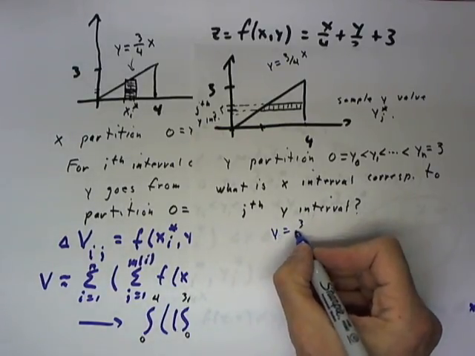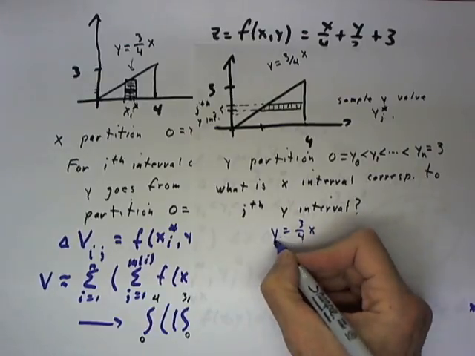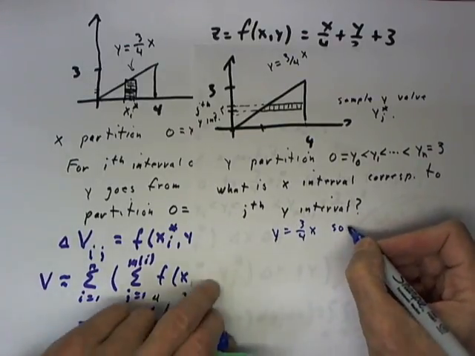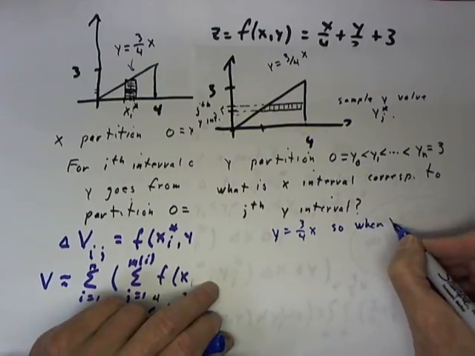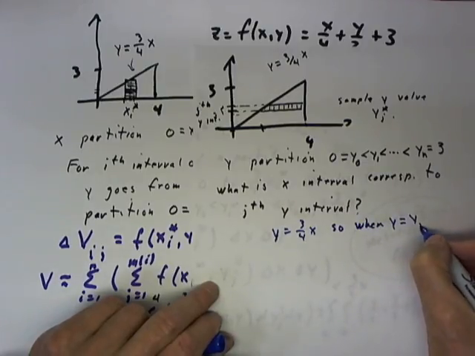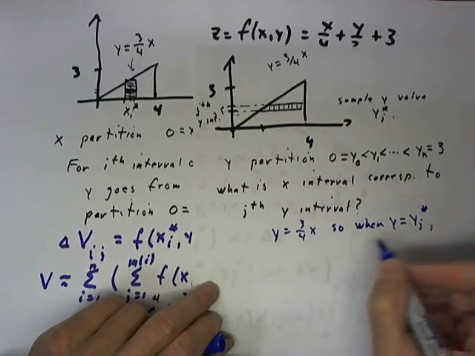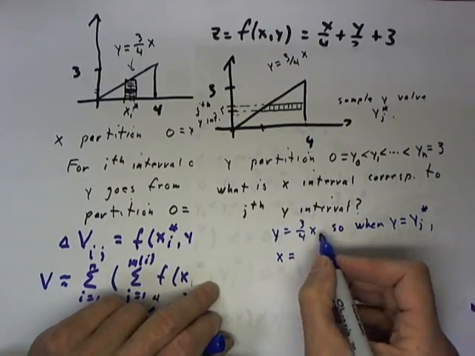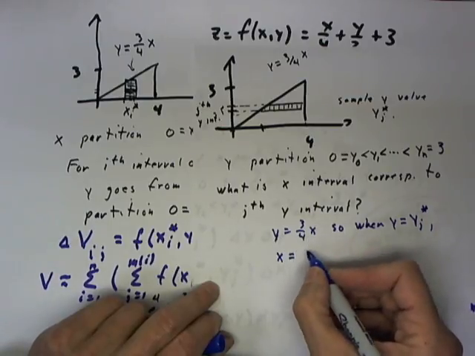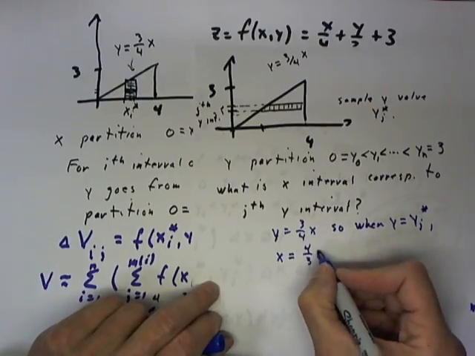Y equals 3/4 x. So when y equals y sub j star, x equals what? Well, solve for x, we get x equals 4/3 y.